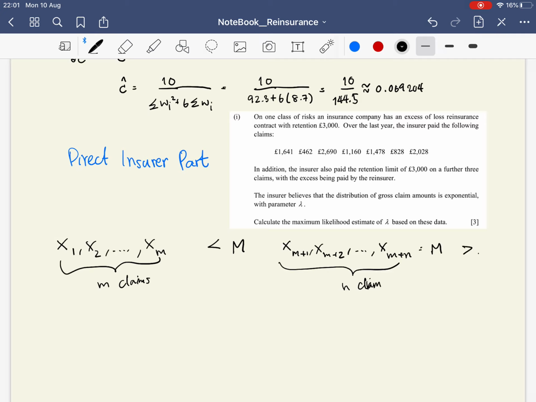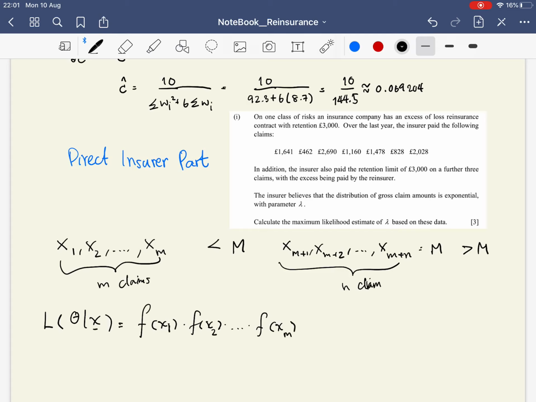So there are n claims that are greater than m, greater than the retention limit, so we can just see m in our book. The way it works is the likelihood function is given by, let's say we want to estimate the parameter theta given x. We will have f(x1) times f(x2), and times all the way to f(xm).